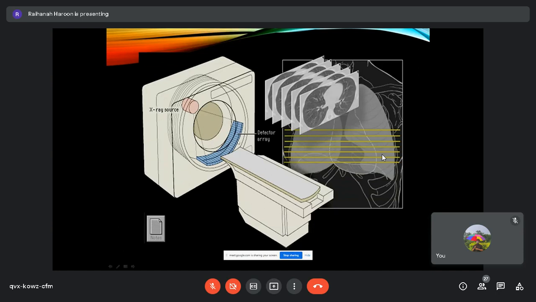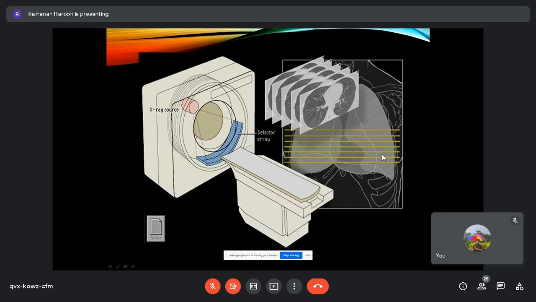Okay, so this is the gantry. You see all this blue thing, this is the detector array. You see this X-ray source, the pink tubular thing here. What happens when the patient goes in? This thing will keep rotating, depending on what they are imaging.